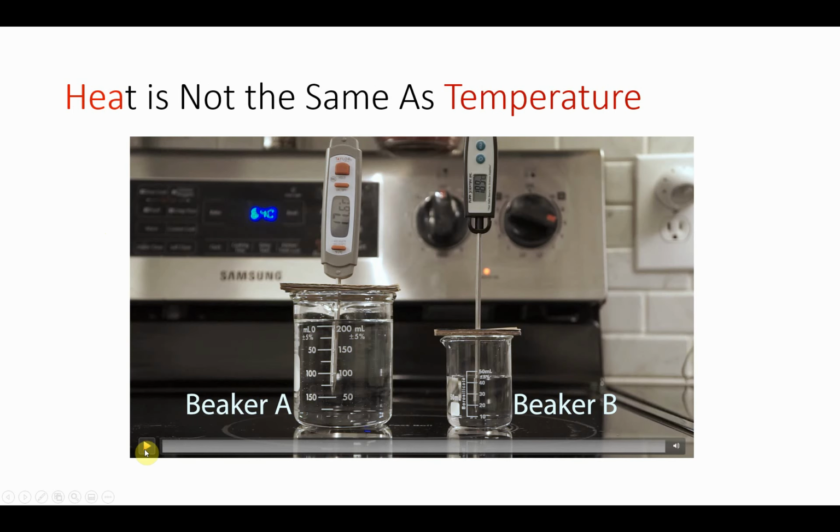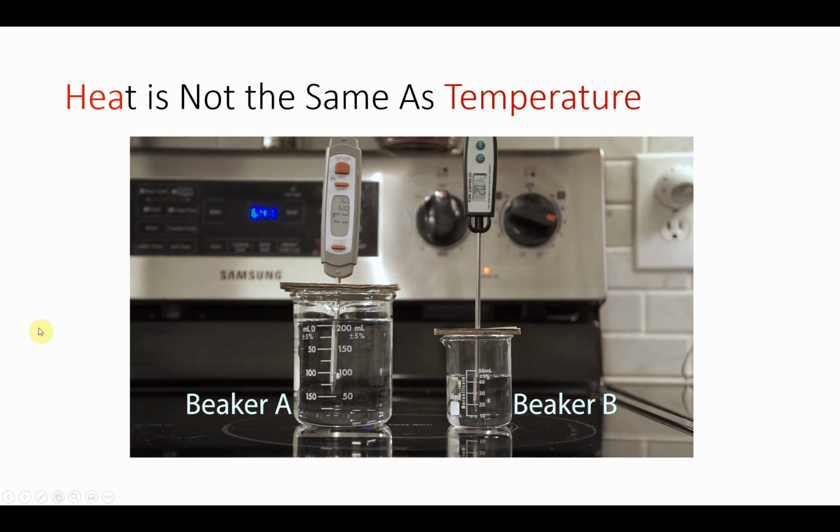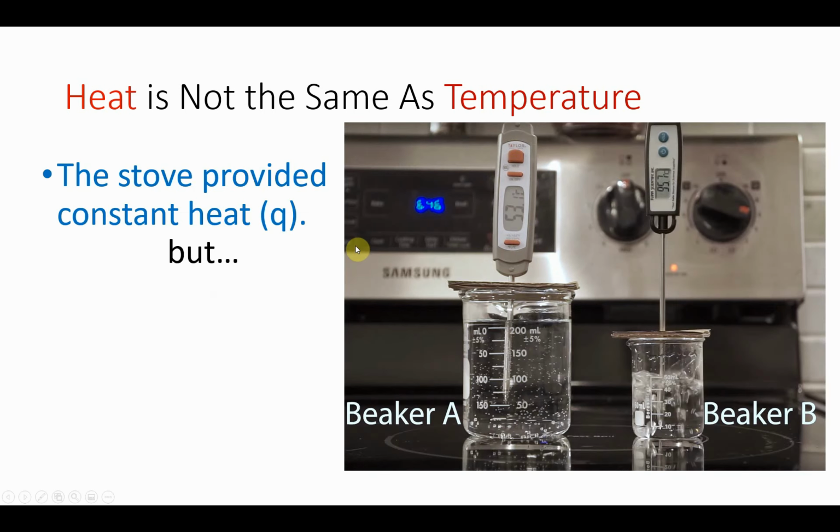Okay, so if we're looking at what we saw in that last exercise, where we were heating them both up, we saw that the small beaker's temperature rose much more rapidly than the large beaker did. Well, we need to come up with an explanation for why that was. One way to view it is that the stove was providing constant heat to both of these beakers.